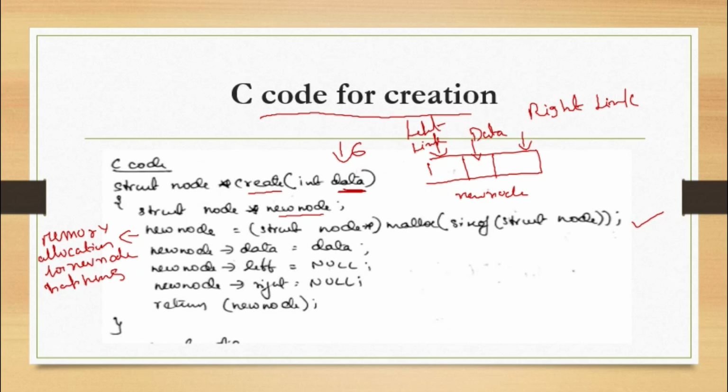So if 6 is the data, then 6 will be the data. Then I initialize the new node's left and right to null. That means the left and right links will be initialized to null. Then I return the new node. So this is the general idea of the creation of a node in a tree.